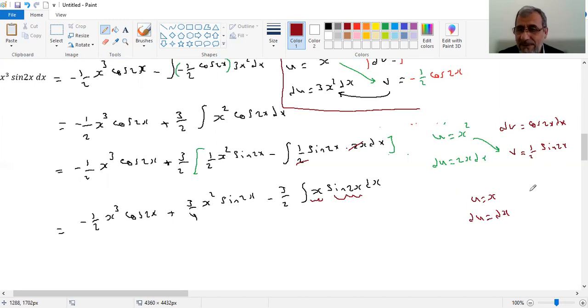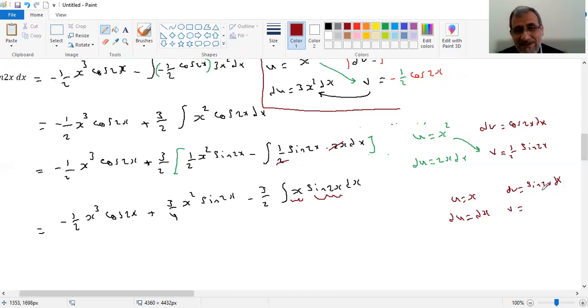And dv equals sine 2x dx. So the integral of dv, v, is the integral of sine, which gives negative cosine, but the derivative of the angle is 2, so it will be negative half cosine 2x.